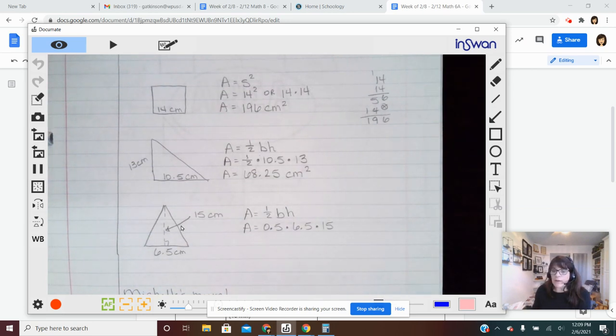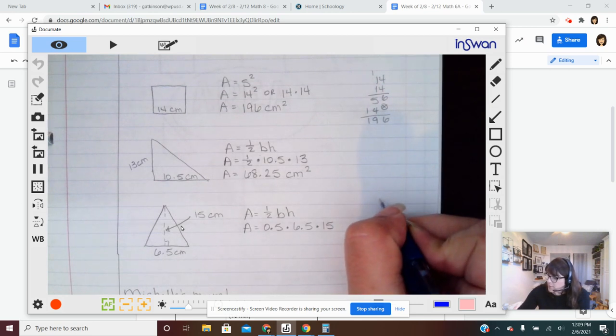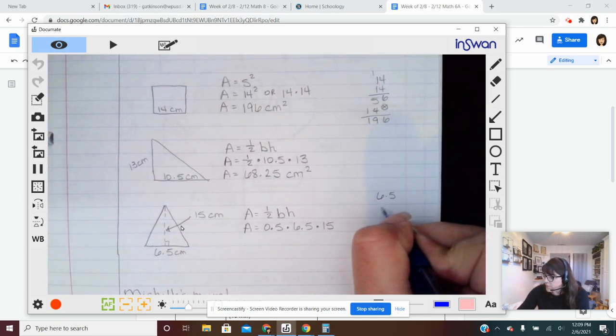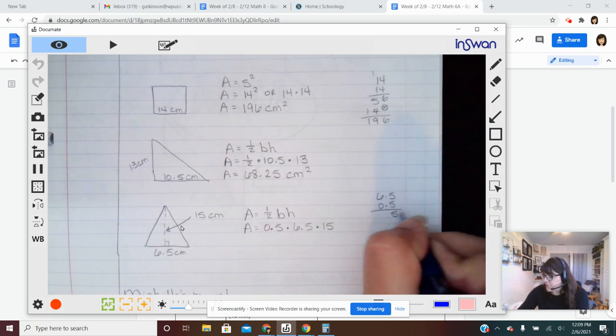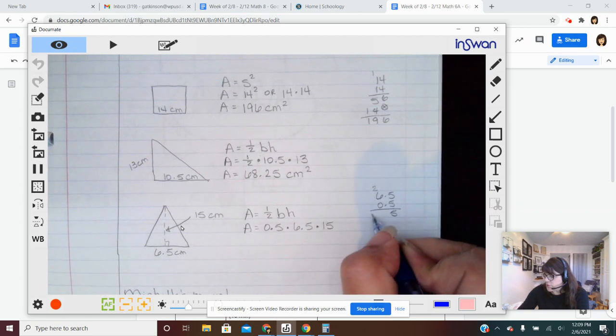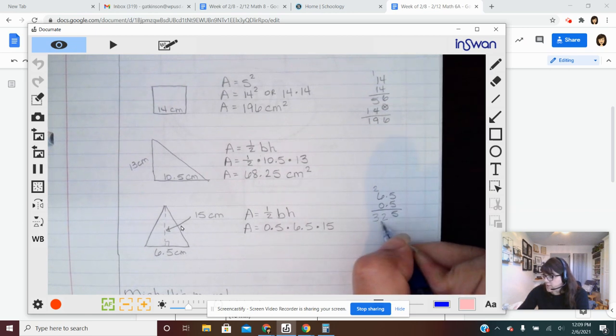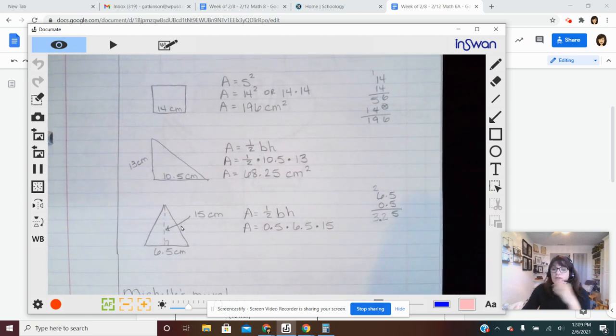And I'm going to show you what this looks like if I do it by hand. 6.5 times 0.5. 5 times 5, 32. Count my decimals. And you guys will notice decimals are our review homework this week.